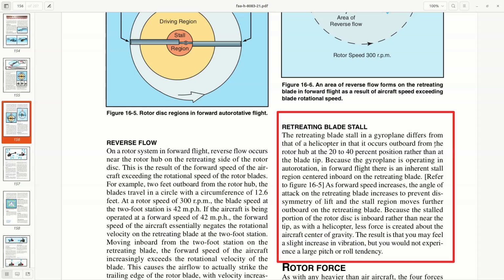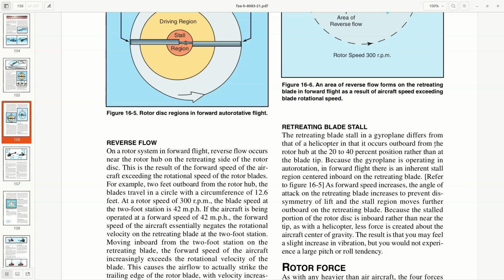The thing is not going to roll over on its side or anything, but that retreating blade stall, as you go faster and faster, can increase the vibrations. Now, later at some point, we'll talk about retreating blade stall as it applies to being on the ground when you're taxiing around with a rotor that's spinning. But we're not going to talk about that just yet here.